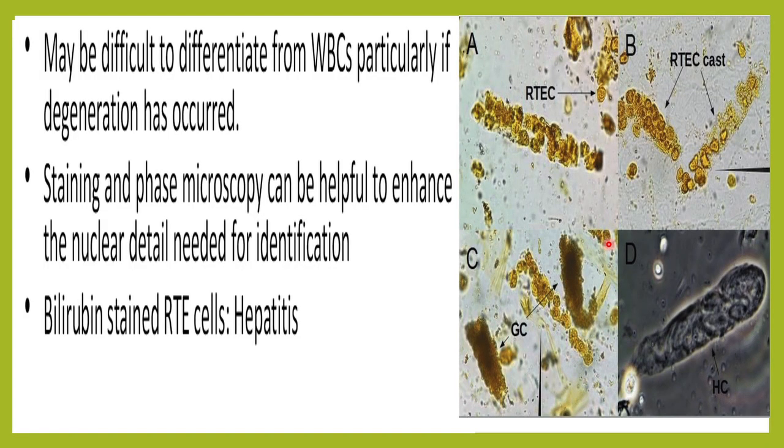In such cases, staining and phase contrast microscopy can be helpful to enhance the nuclear details for identification. Here you can see a slide wherein these are the renal tubular epithelial cells. They are bile stained, in a hepatitis patient.